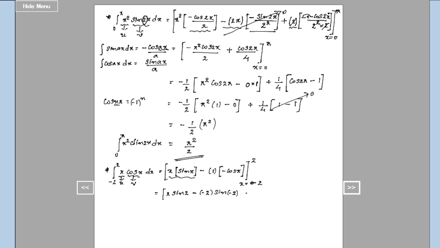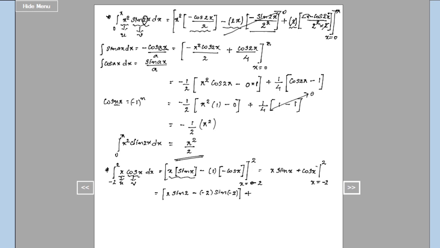The problem becomes x sin x, minus into minus plus cos x, with limit x equal to minus 2 to 2. This is what we have.